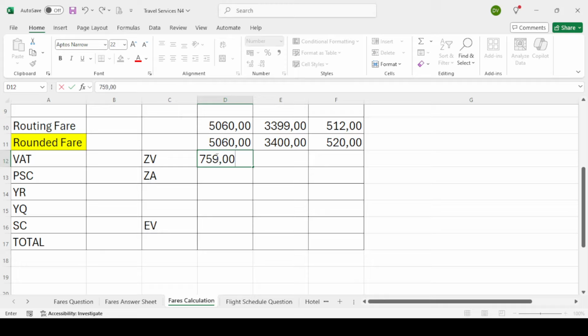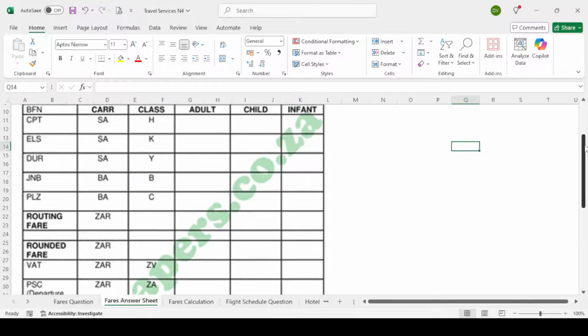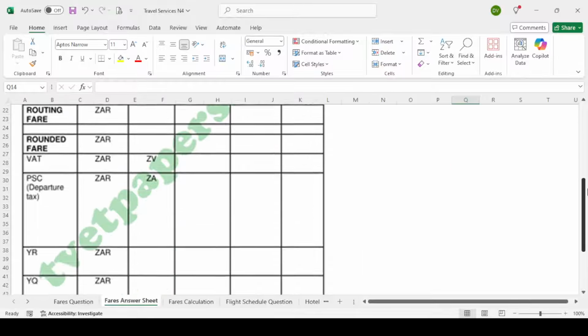And what's very important with all of your taxes, you have to show the tax code. So the tax code for VAT is ZV, and you put it right at the back of your value. So you'll see, let me just take you back to your answer sheet of the question paper. You will see here that they've given you the codes.